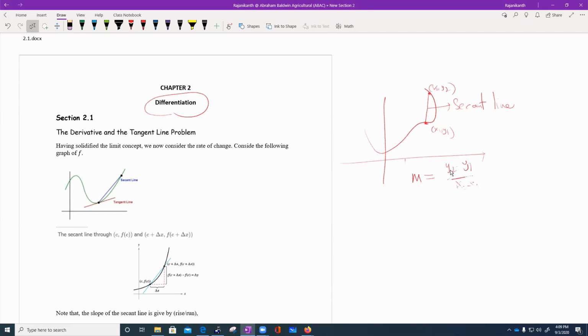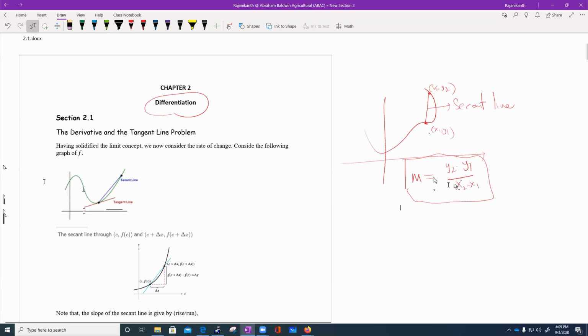So we are familiar with this formula, right? In this example my line is a secant line, so its slope is simply y2 minus y1 over x2 minus x1.